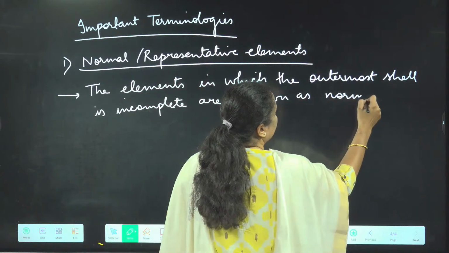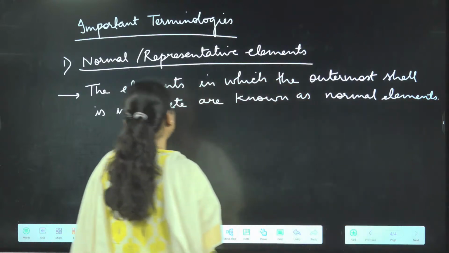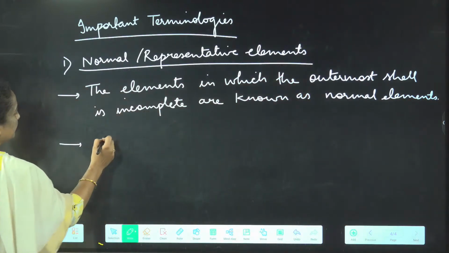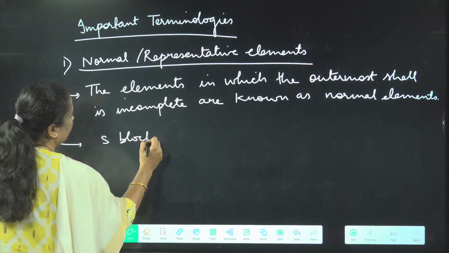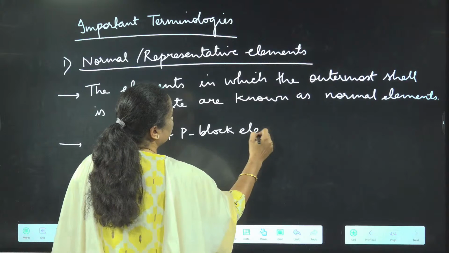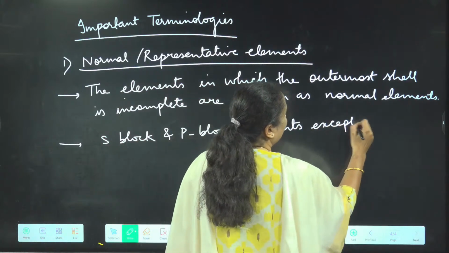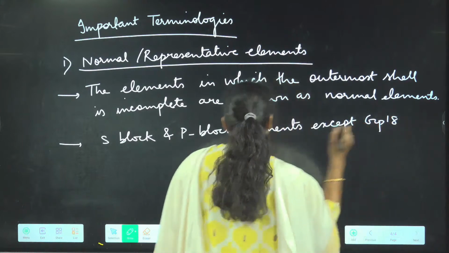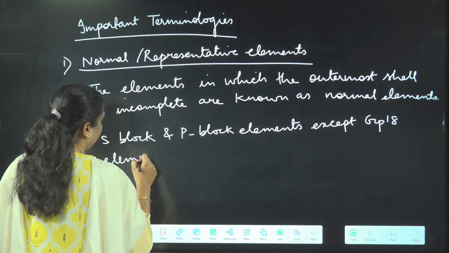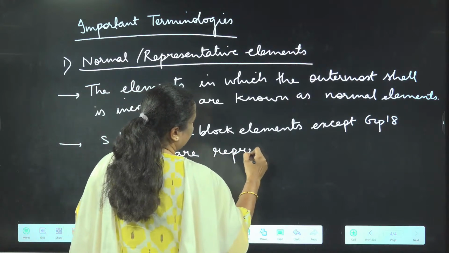normal elements. Here basically I'll be calling S block and P block elements except group 18 elements representative elements.